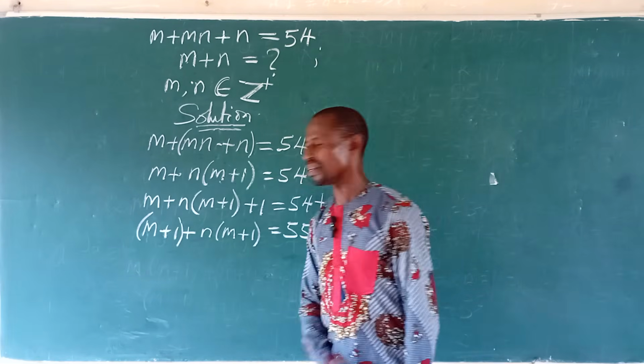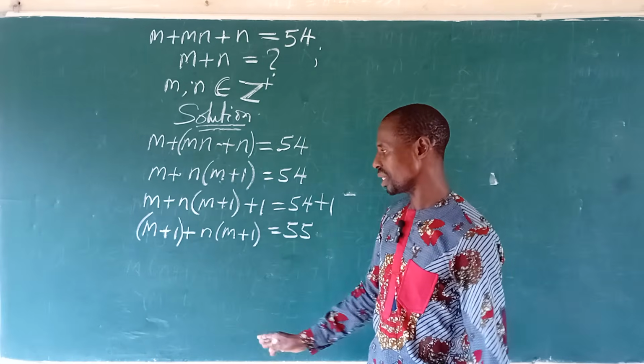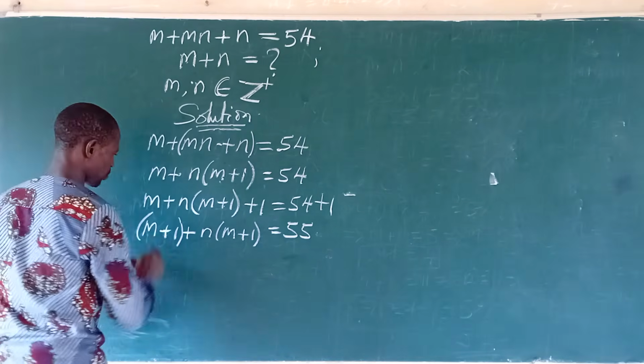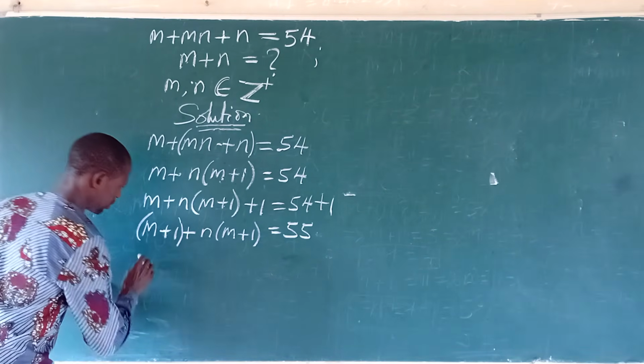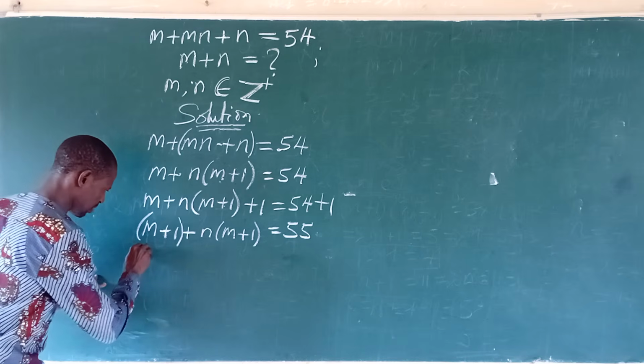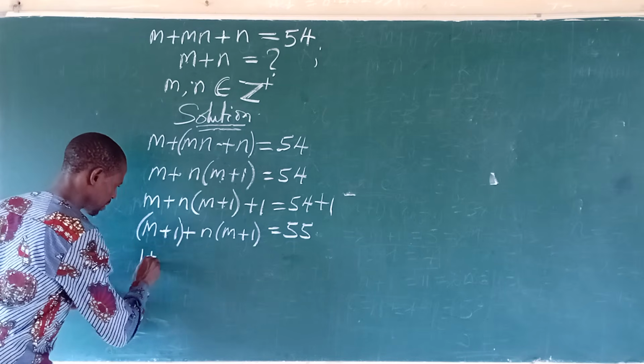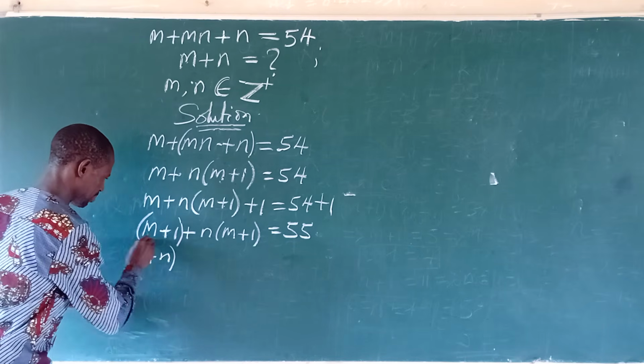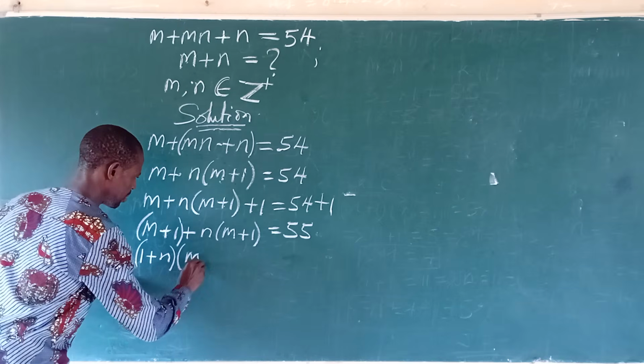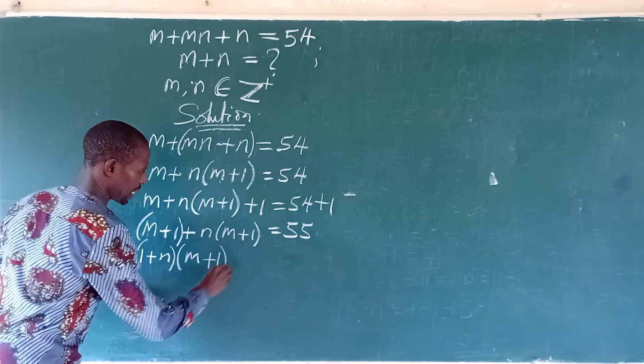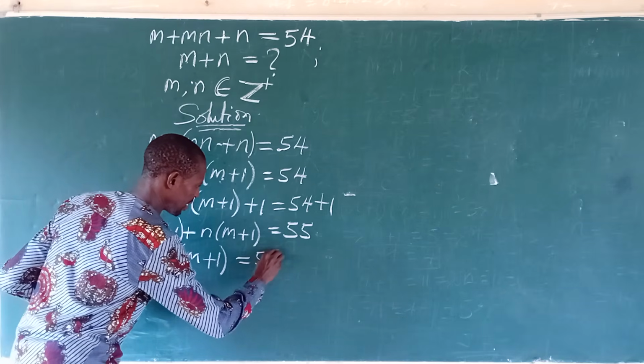So here we have an invisible 1. Doing that, let me take this one first. It's going to give me 1 plus n in bracket m plus 1 bracket equal to 55.